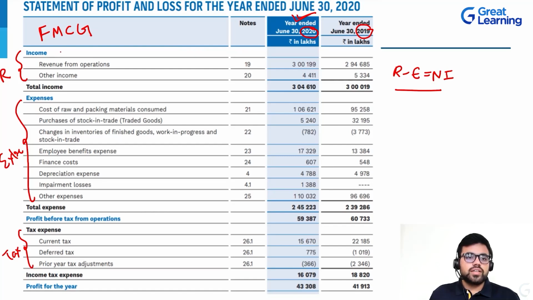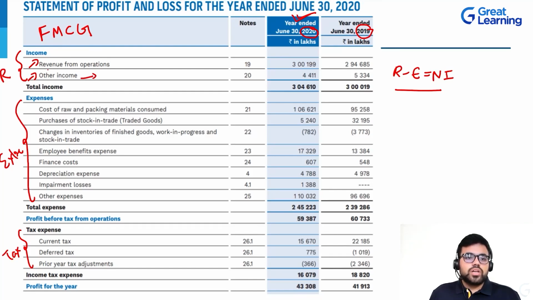The first one is the revenue. Revenue has two parts: revenue from operations, which is the day-to-day activities the company is doing, the primary objective. The second one is other income. Other income can be investments the company makes in land, renting out spaces, or investing in mutual funds or in different companies. That would be the other income.